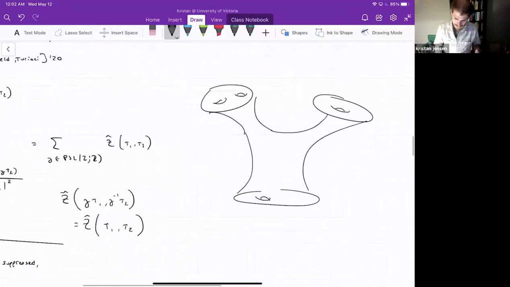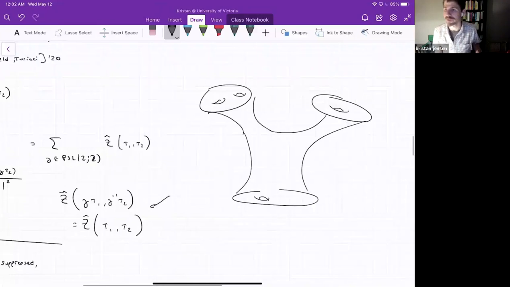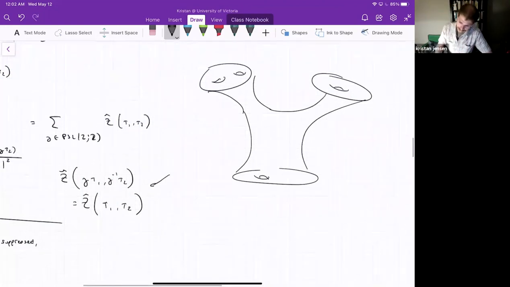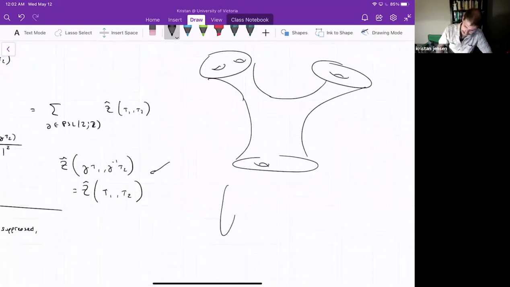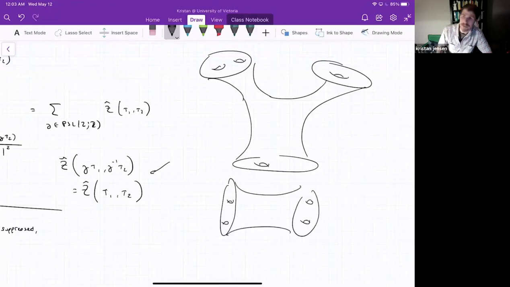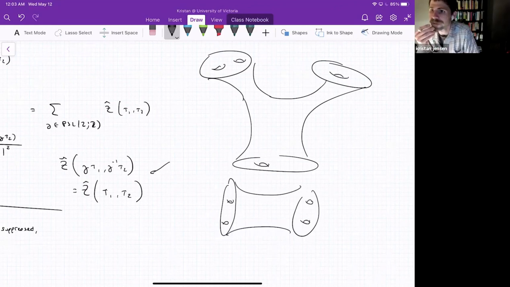So there's no analog of this for generic multi-boundary amplitudes. In general, I don't see it being possible to use a bootstrap to constrain these. The one exception is if you have a higher genus surface on one boundary and the same thing on the other. Then there's going to be a pre-amplitude which is invariant under a diagonal mapping class group, the analog of SL(2,Z) for higher genus surfaces.